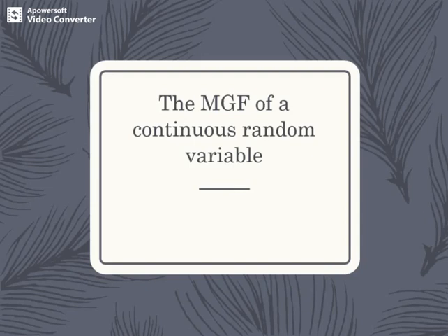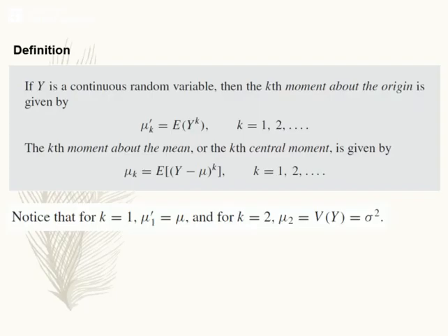So just for starters, we just want to start off with the definition of a moment. This you already know, so I won't linger on it, but I just wanted to show you that the definition of a moment is the same whether the random variable is discrete or continuous.